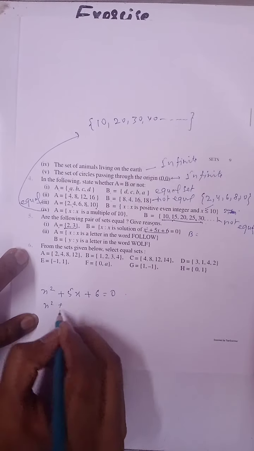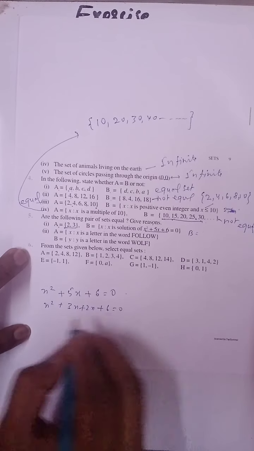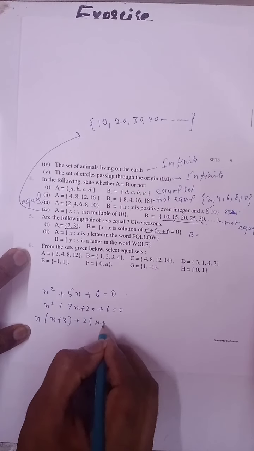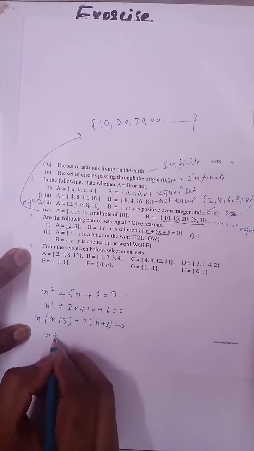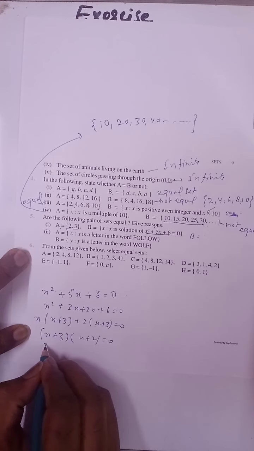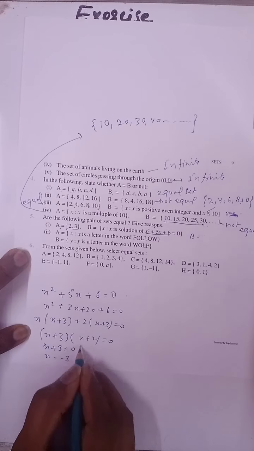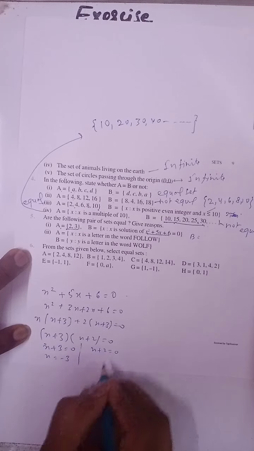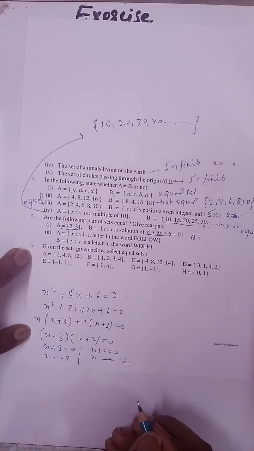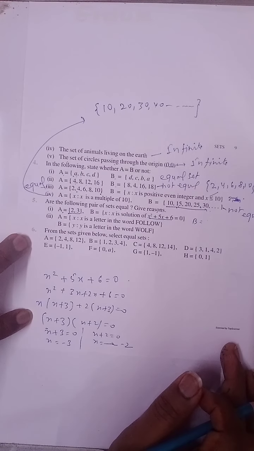So x square plus 3x plus 2x plus 6 equals 0. If you take x common, and 2 common, it is x plus 3 into x plus 2. So x plus 3 equals 0, your x would be minus 3, and x plus 2 equals 0, and your x would be minus 2.